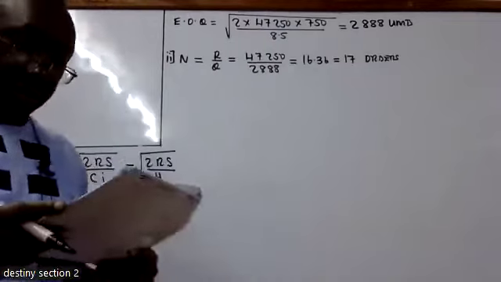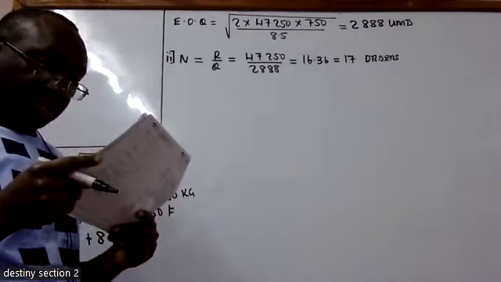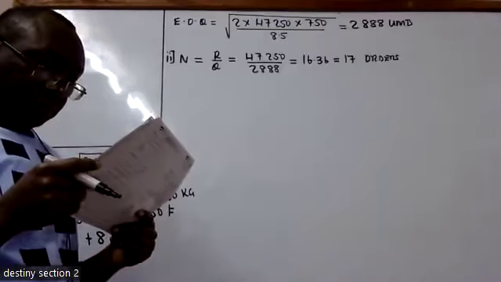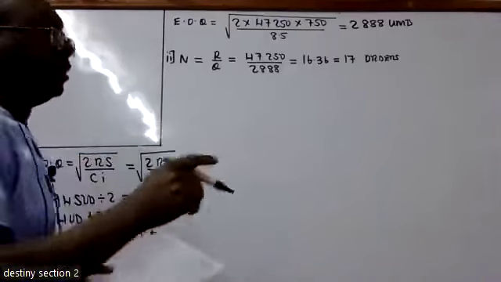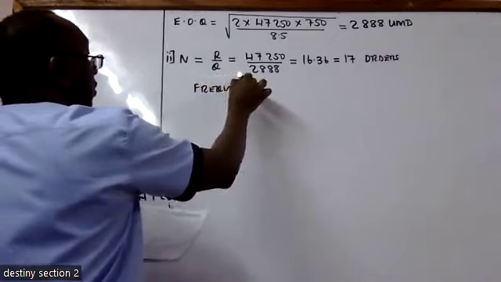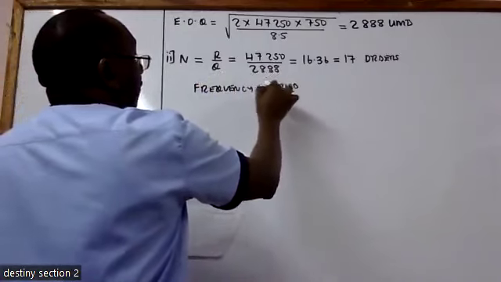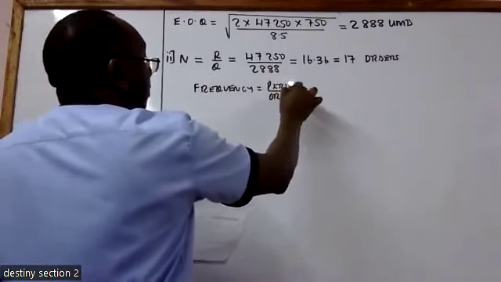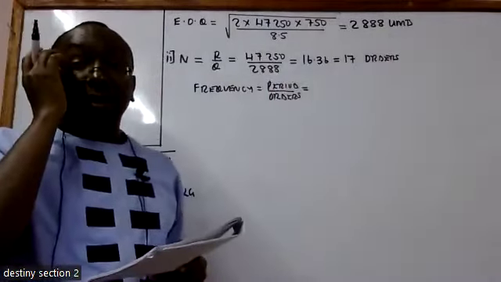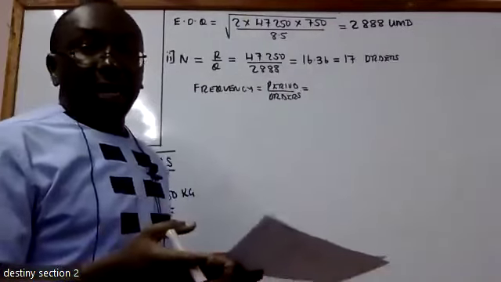So when they ask for the frequency, the question has not given us the period. The frequency is given as the period divided by orders. We are not told whether it is in terms of days or weeks.